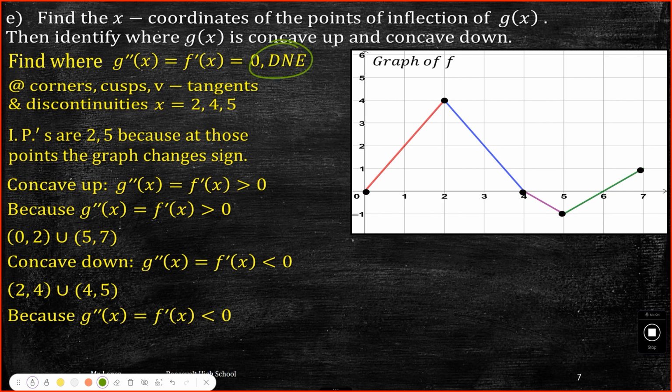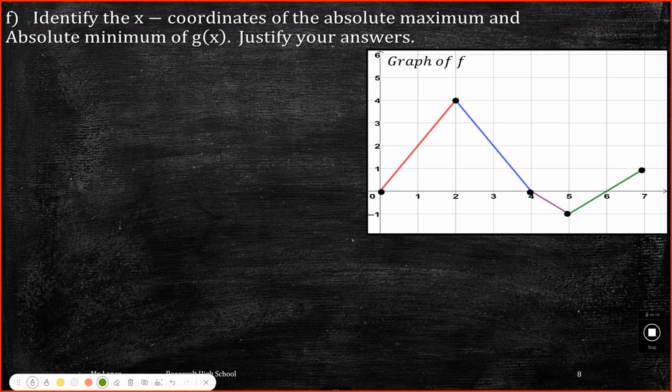Because of f prime of x, find where f prime of x does not exist. We'll go back to that later and try to answer that better. Let's finish f.